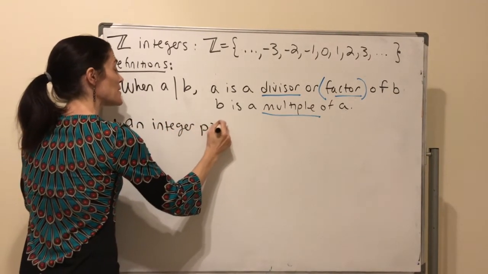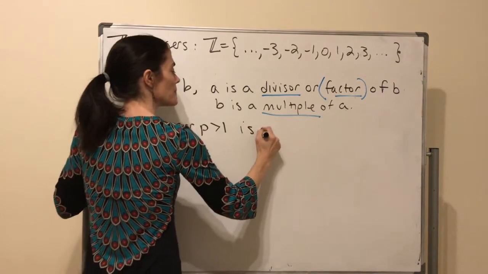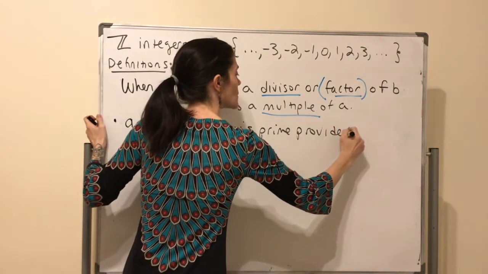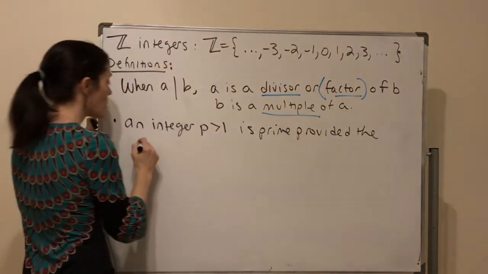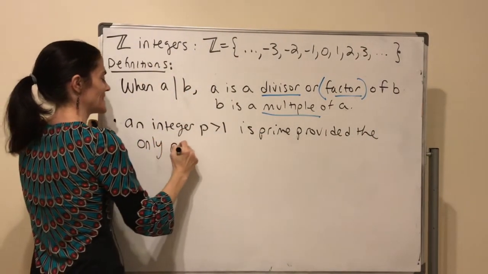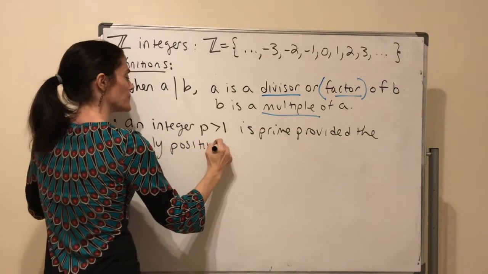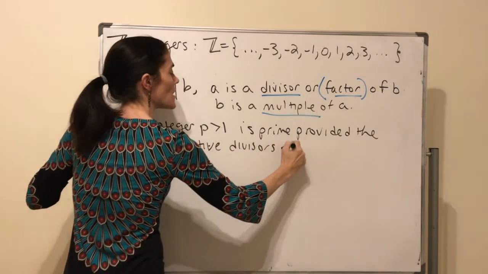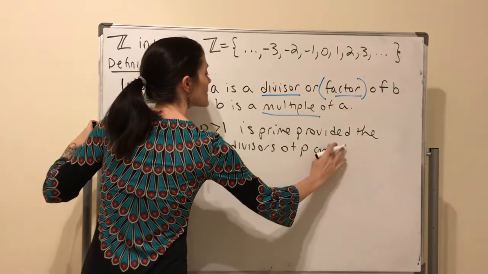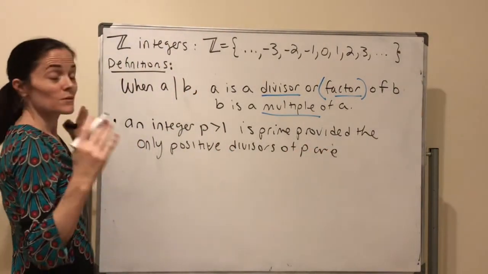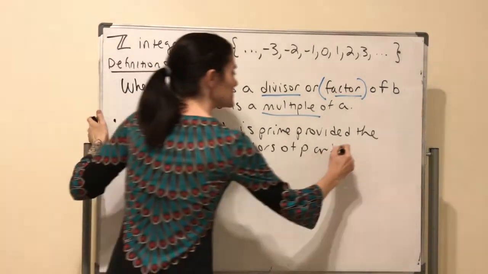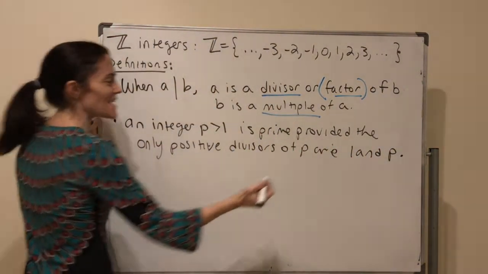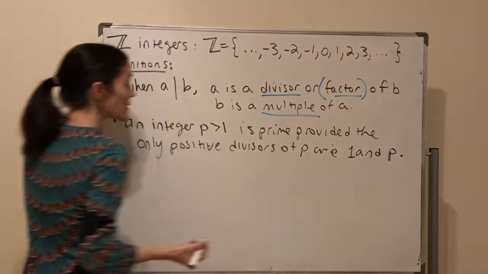Say p bigger than 1 is prime provided the only positive divisors of p are 1 and p. This is the definition of a prime number.